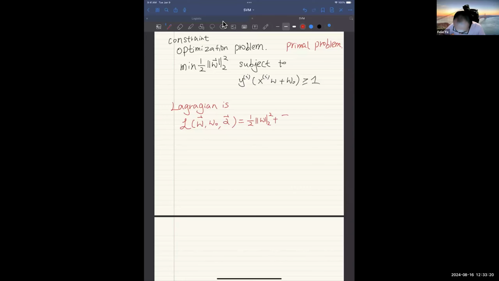This is plus the sum of i from 1 to n of alpha i times (1 minus yi (xi w + w0)). All right, so this is the Lagrangian. Here we assume the dual variable has the property that alpha i is bigger or equal than 0. This is also called the Lagrangian multiplier.